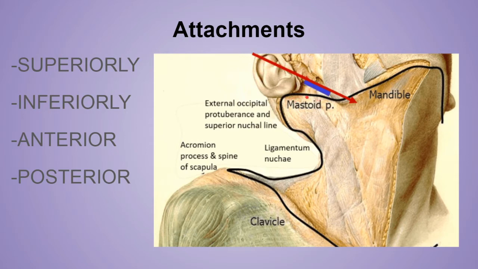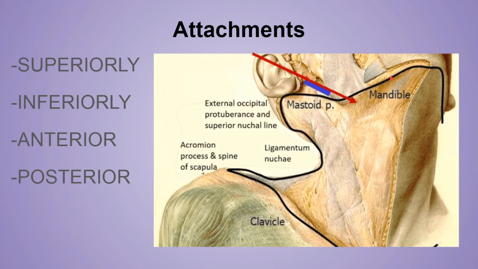Then it goes ahead and attaches to the external acoustic meatus and the tympanic plate, and then to the base of the mandible. So: external occipital protuberance, superior nuchal line, mastoid process, styloid process of the temporal bone, external acoustic meatus and the tympanic plate, and finally the base of the mandible.